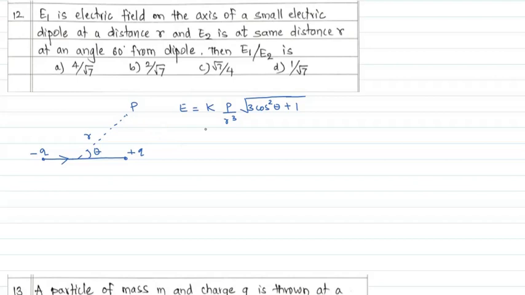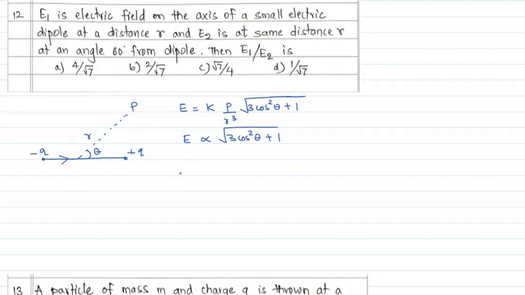Now if you take these two cases, the distance is the same, p is constant, K is constant, so I can say E is proportional to root of 3 cos square theta plus 1.